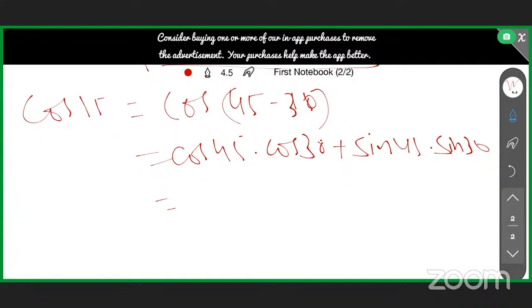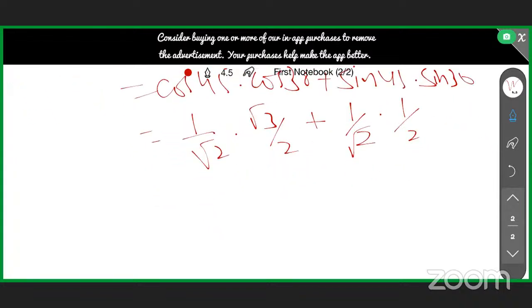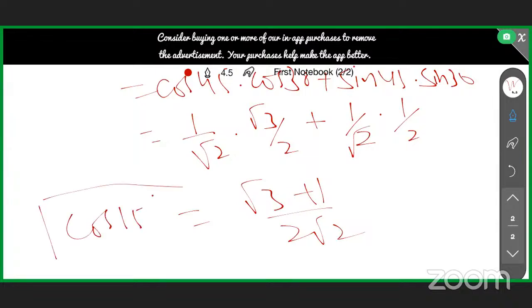Cos 45 is equal to 1 by root 2. Cos 30 is equal to root 3 by 2. Plus 1 by root 2 into 1 by 2. This is equal to (root 3 plus 1) by 2 root 2. This is cos 15 degrees.